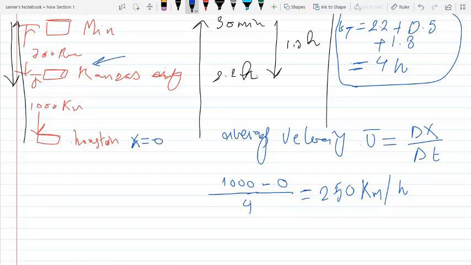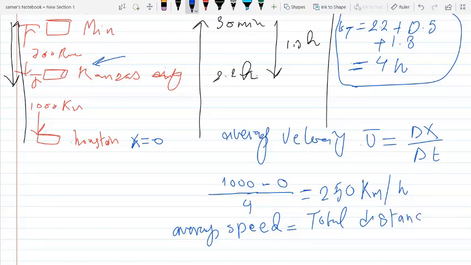And if we want to find average speed, it equals total distance divided by total time.